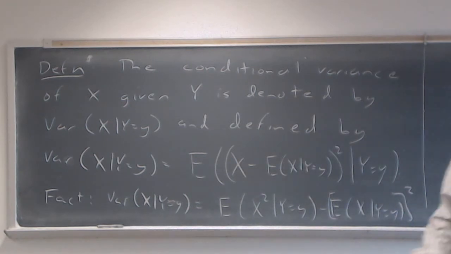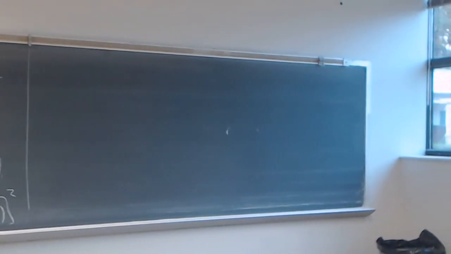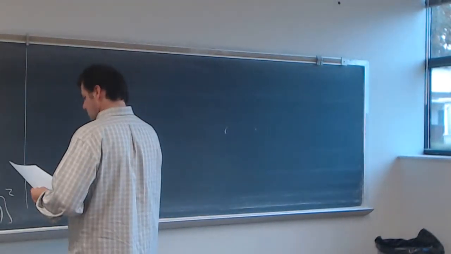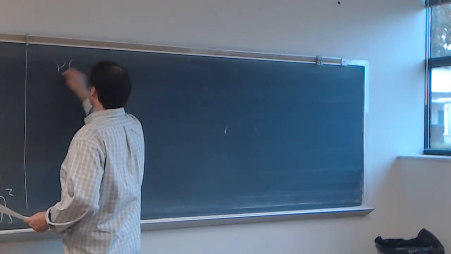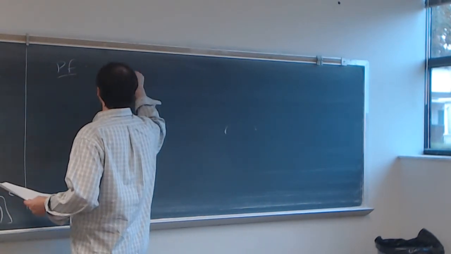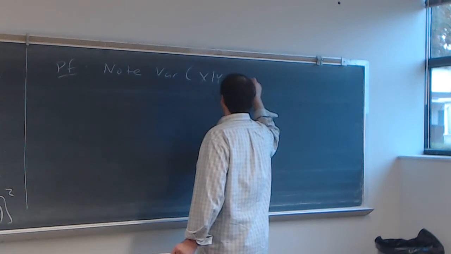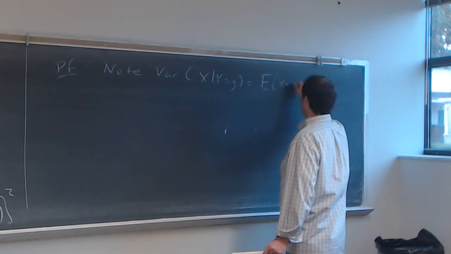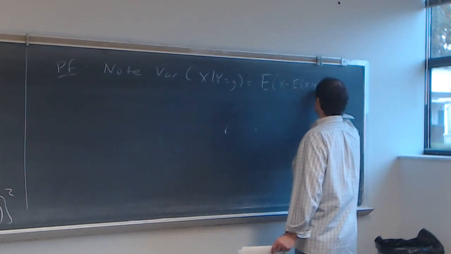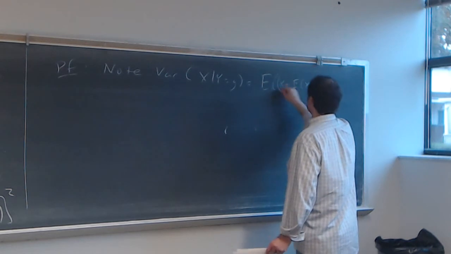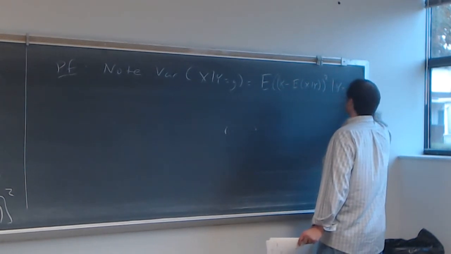Okay, we're going to prove this in the case where x and y are discrete, and the case where x and y are continuous is analogous. So, proof. Note the variance of x given y equal to y, by definition, is the expected value of x minus the expected value of x given y, squared, given y equal to y.